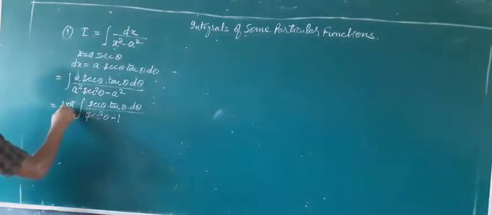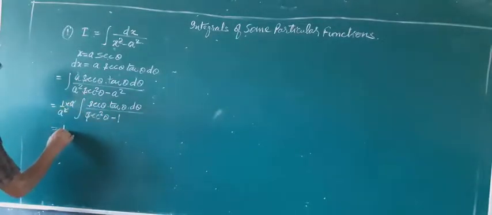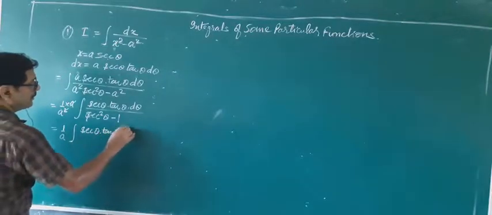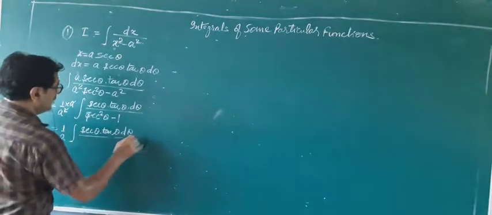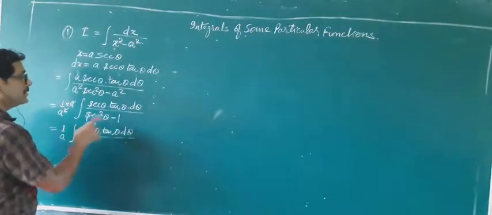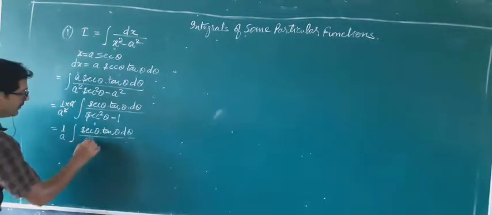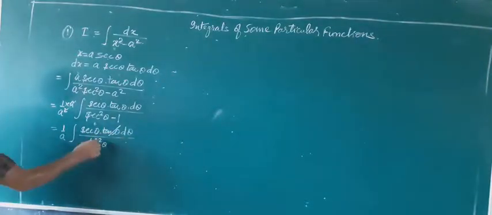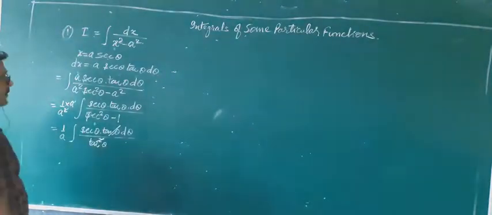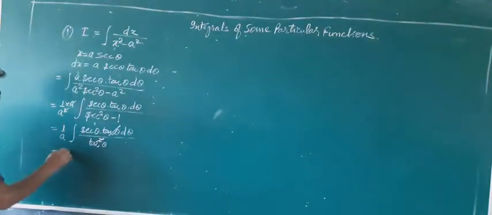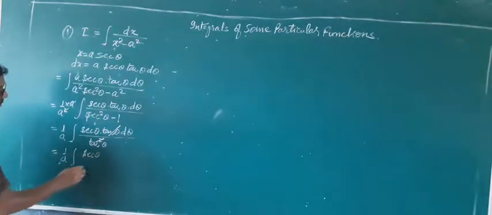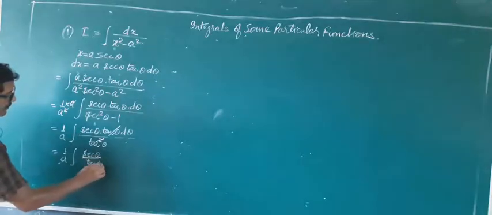This cancels out, so 1 upon a sec theta tan theta d theta, and we know that sec square theta minus 1 is equal to tan square theta. We cancel out tan theta by the square term, and it becomes 1 by a sec theta upon tan theta d theta.